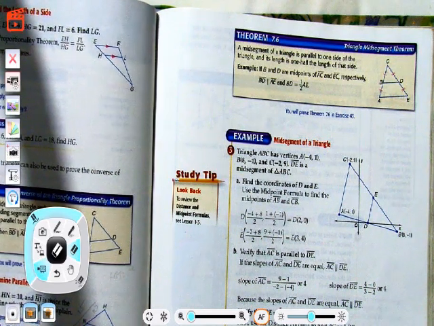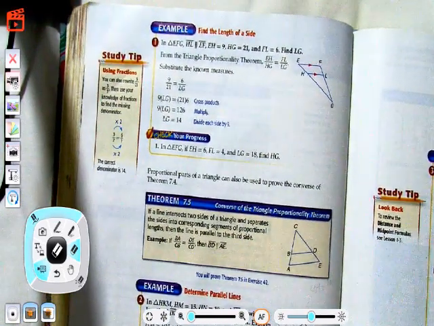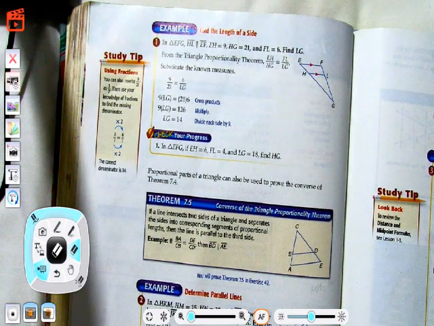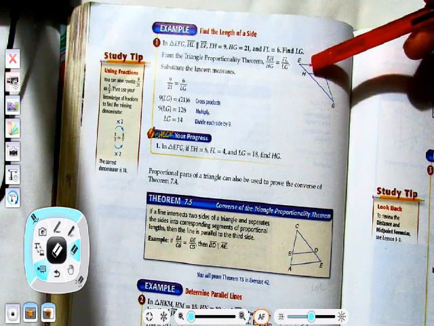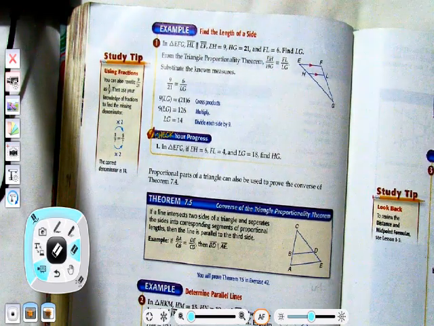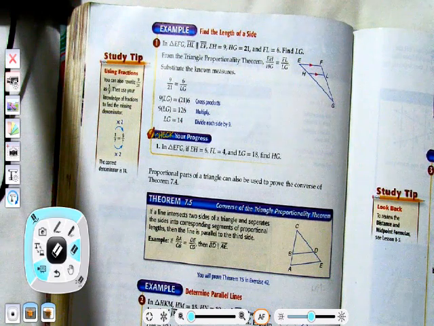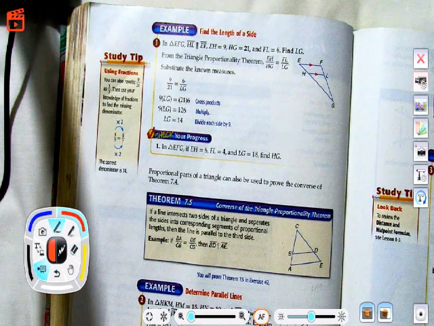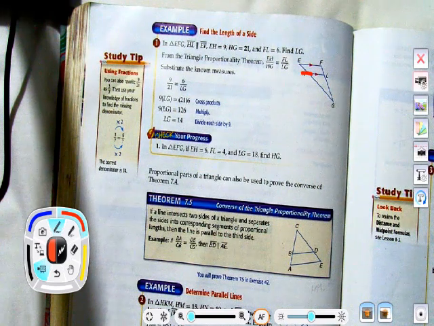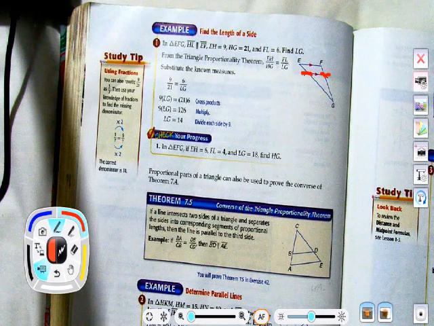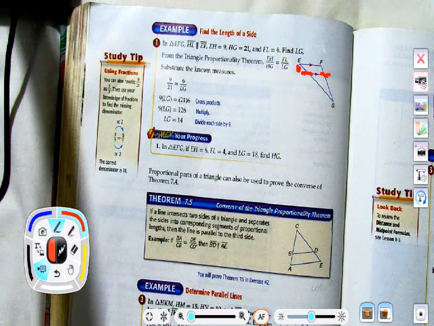So let's go here. For the first theorem, the triangle proportionality theorem, these are the two lines that are parallel. Just like before, we extend the one inside your triangle, and you see that you have a fraction of this over this segment equals a fraction of this over this segment.